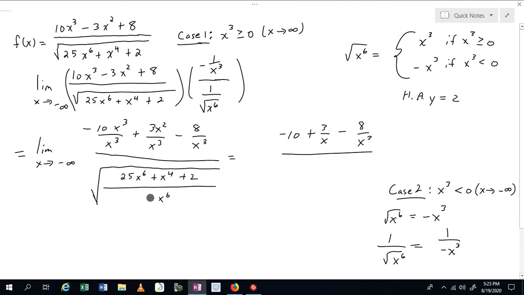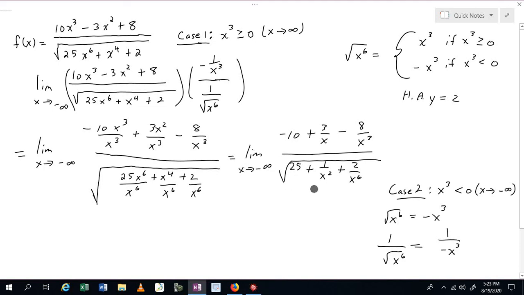And then down here, I'm going to go ahead and just write this out. This x to the sixth power gets divided into every one of these terms. So here you're left with 25. Here you're left with 1 over x squared. And here you're left with 2 over x to the sixth. And then you're taking the square root of that entire thing. Okay?